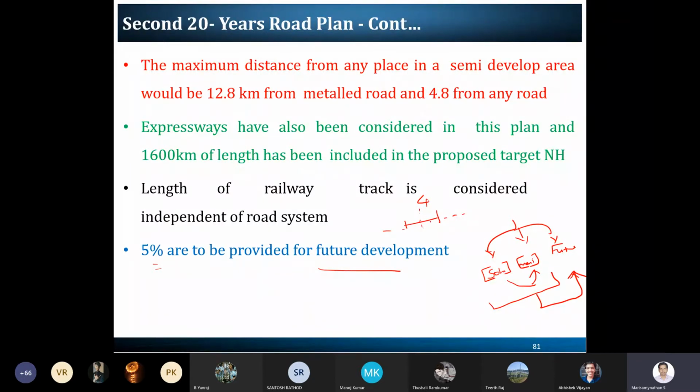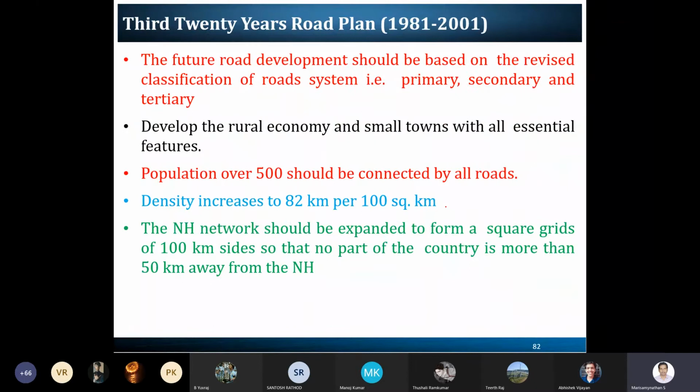Once it ended, they planned the third 20-year plan, with somewhat more advanced classifications, which we will see in the next topic. Under this third 20-year plan, they revised the classification of roads and defined a primary, secondary and tertiary roadway system. Under the classifications, they defined different criteria with respect to population and density, and what kind of grid pattern, road network pattern, we follow.